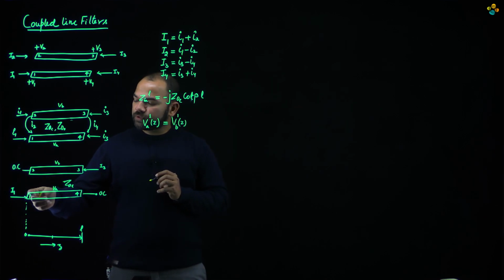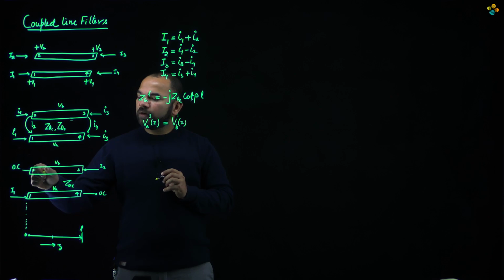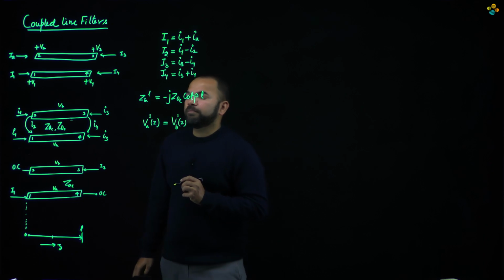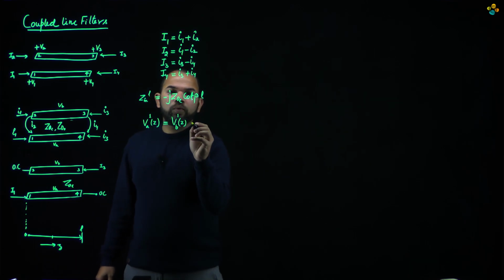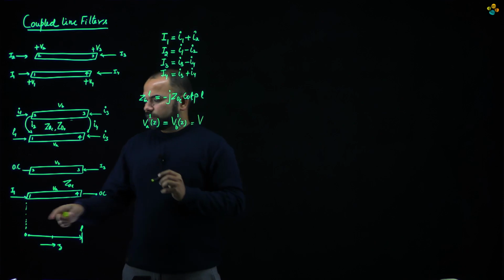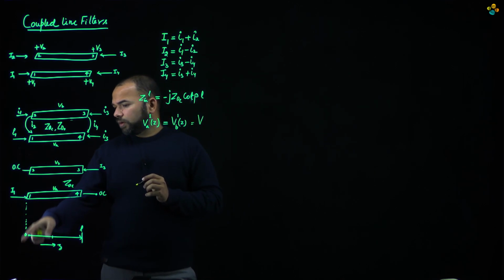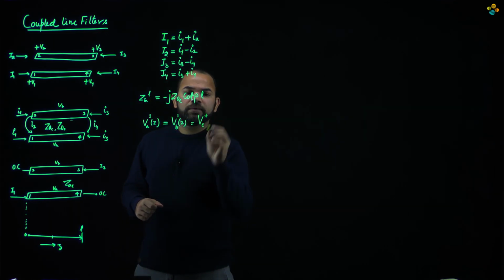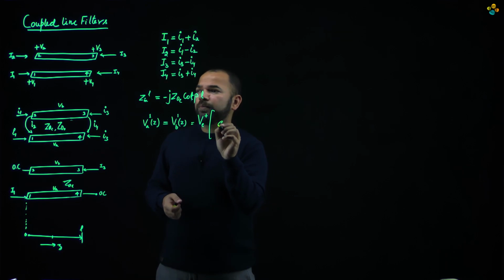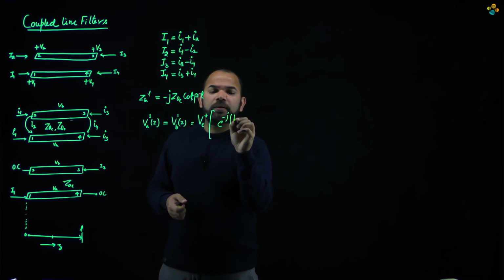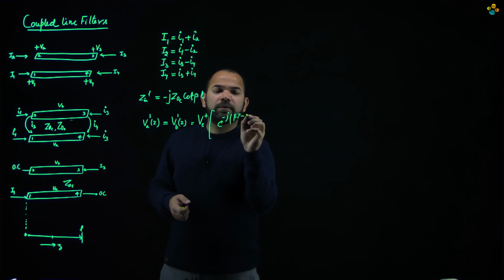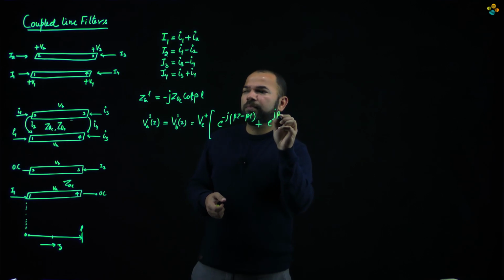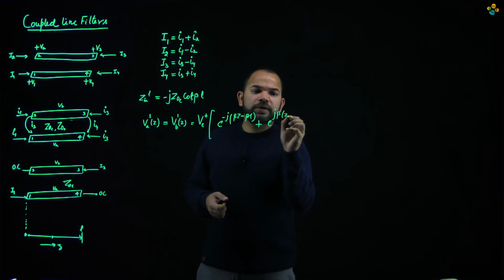So the voltage at a point here is going to be the same as the voltage at position z on a different line. We can say in terms of V1, this is V(z), V in even mode, positive z. This would be e to the power minus j beta (z minus L) plus e to the power j beta (z minus L).